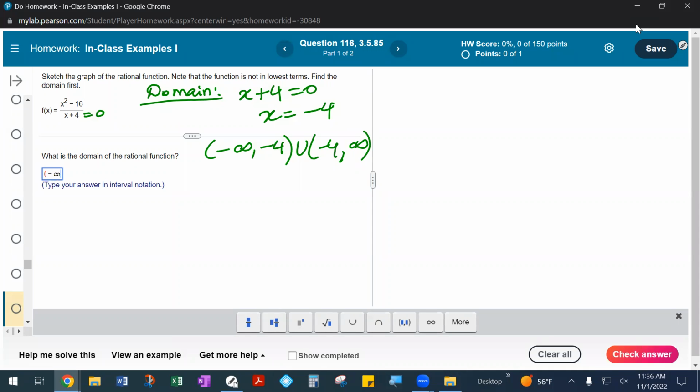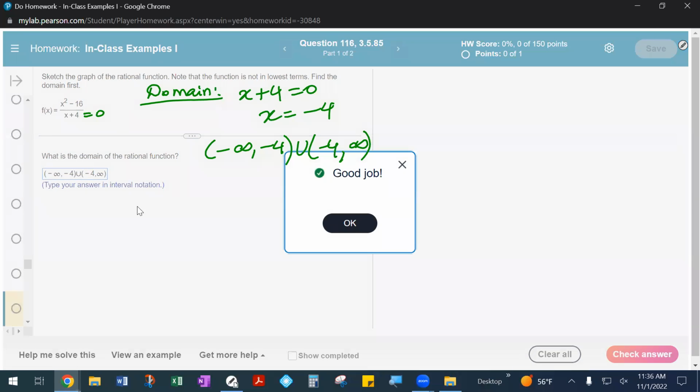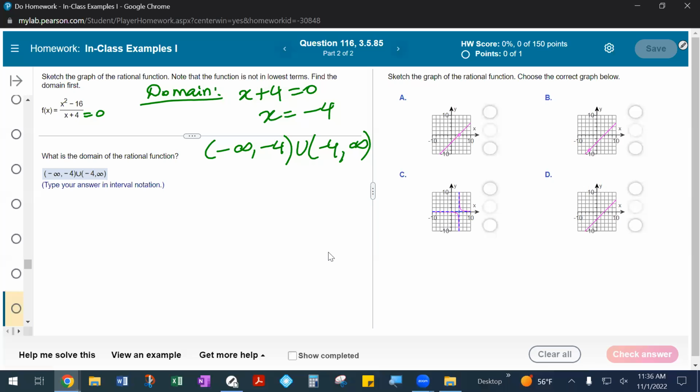Okay, so we're going to type that in first: negative infinity to -4, union, -4 to infinity. So obviously that tells us our vertical asymptote is also going to be at that same number.